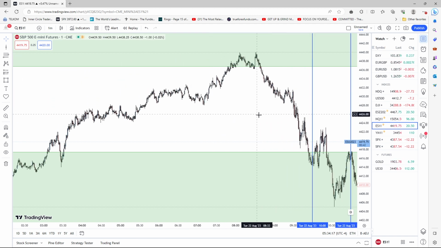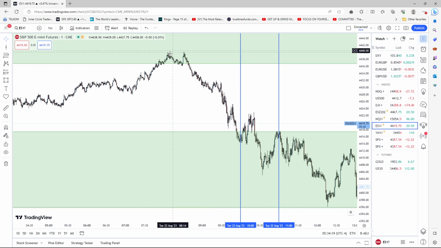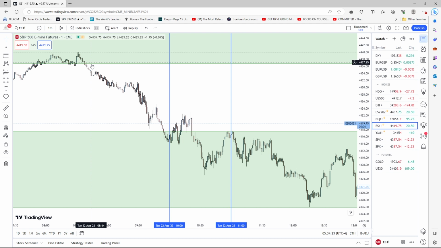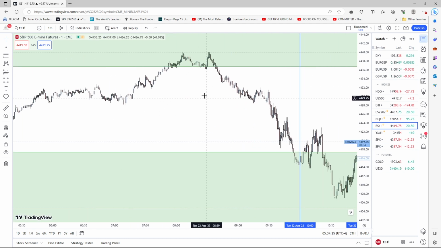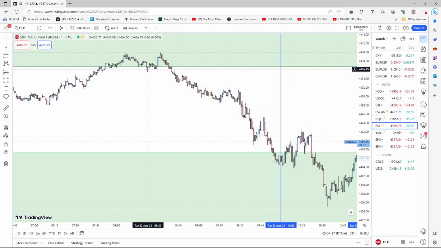Okay, 10 to 11, price has come up and traded into this daily fair value gap. Price subsequently traded down lower, and it shifted its market structure in this area over here. We shifted down through these lows, all of these lows, and continuously traded down lower.